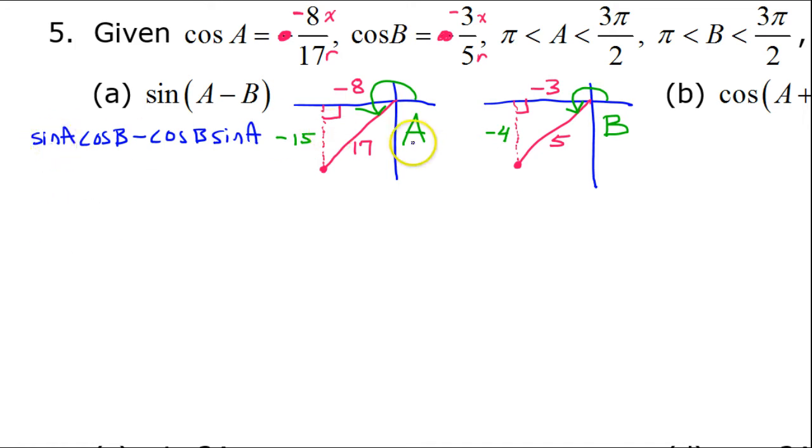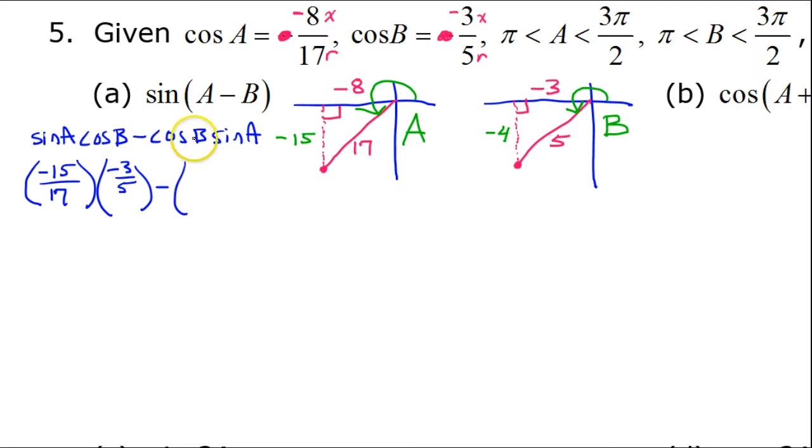Okay, so looking at the first diagram for angle A, the sine is y over r. So that's going to be negative 15 over 17. The cosine of b, so I need to look at this one. That's x over r, so that's negative 3 over 5.